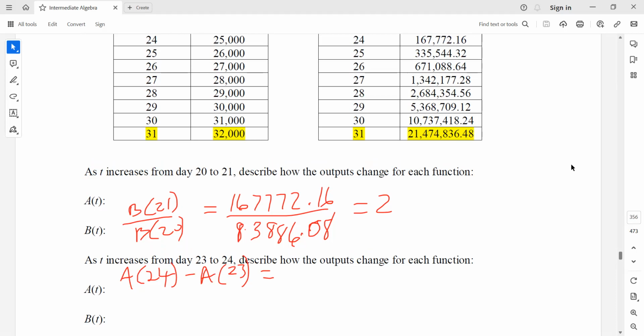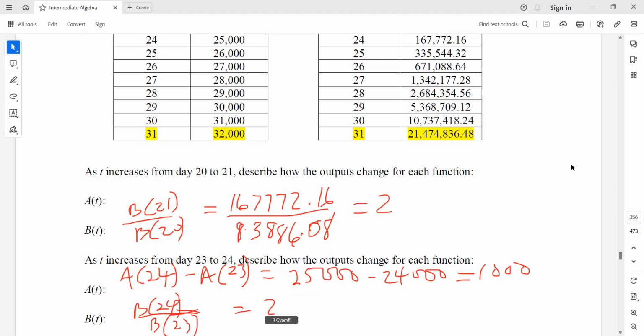You have 25,000 minus 24,000. For this one, you have B of 24 divided by B of 23. And then when you do the division, you get 2, okay?